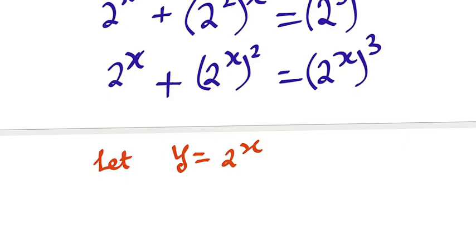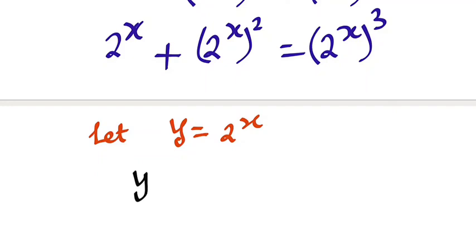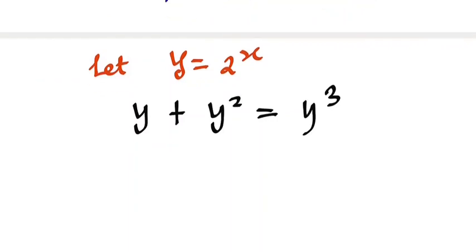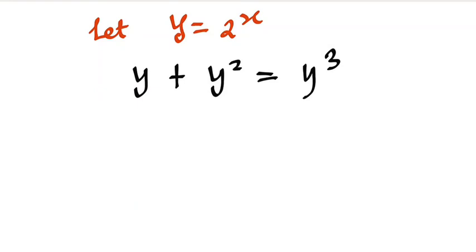So we're going to have y plus y to the power of 2 equals y to the power of 3. Okay, so we're going to rewrite the equation like this.